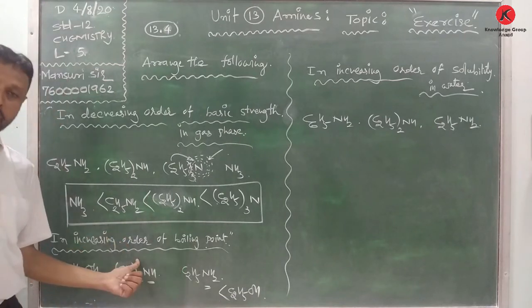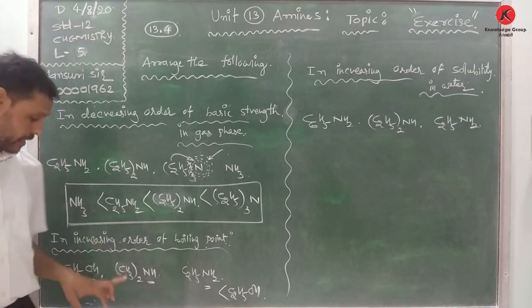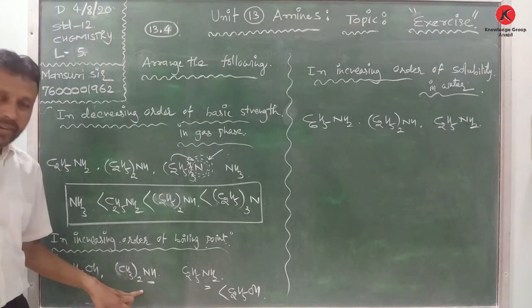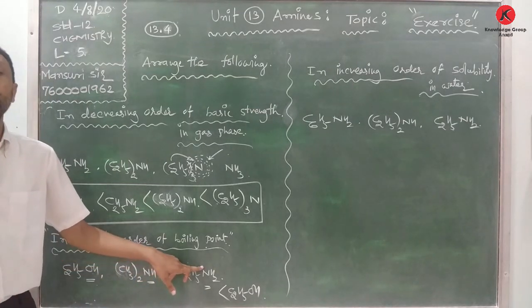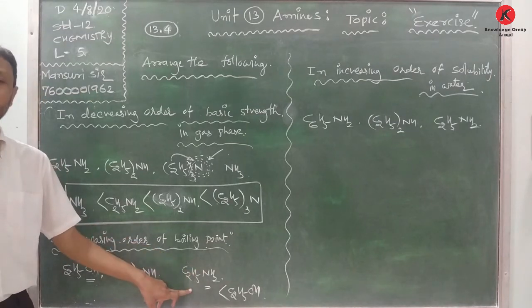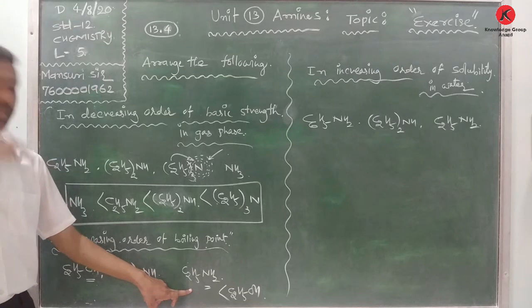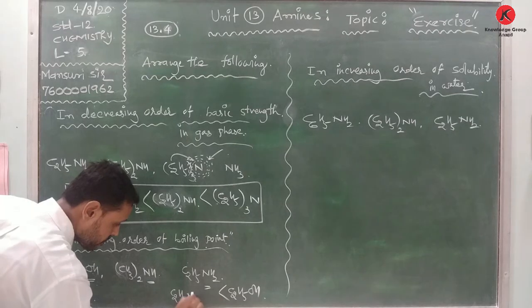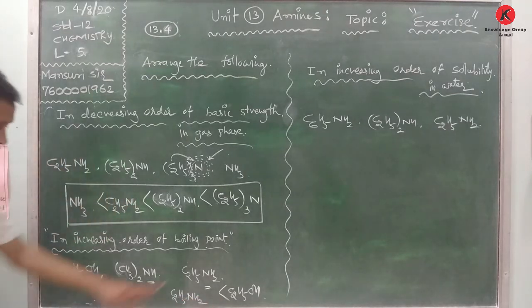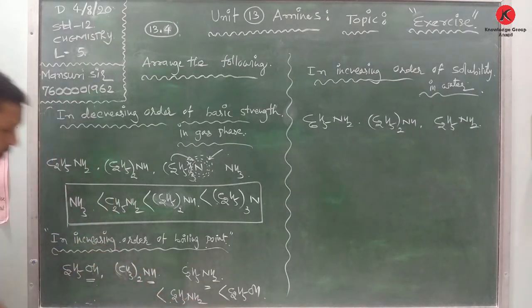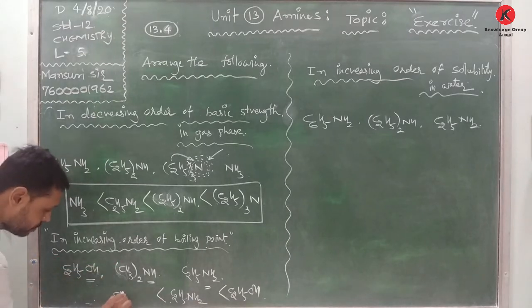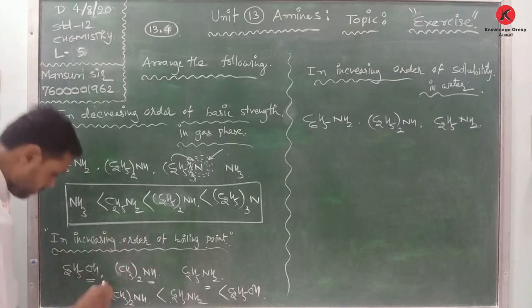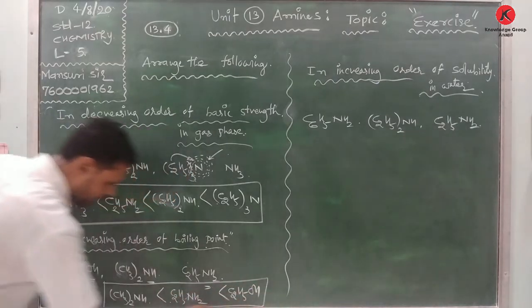Thereafter amines. But in amines, when you are given dimethylamine and ethylamine, the number of carbons will be increased, then the boiling point also increases. So here C2H5NH2, ethylamine, has a higher boiling point than dimethylamine. Right? So this is the order of boiling point.